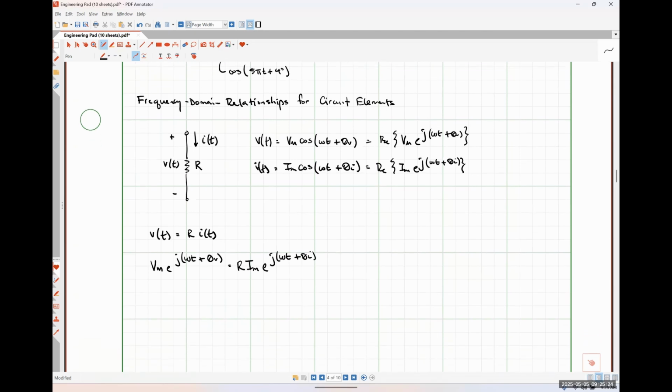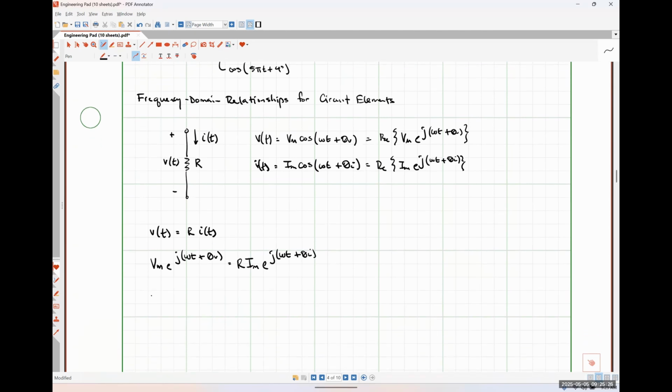So on the left, I would have Vm e to the j omega t times e to the j theta v, equal to R times Im e to the j omega t times e to the j theta I.